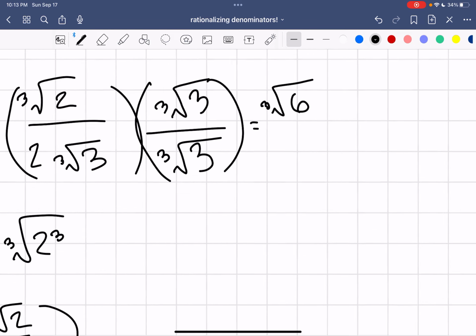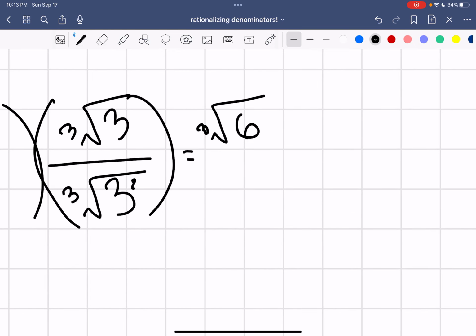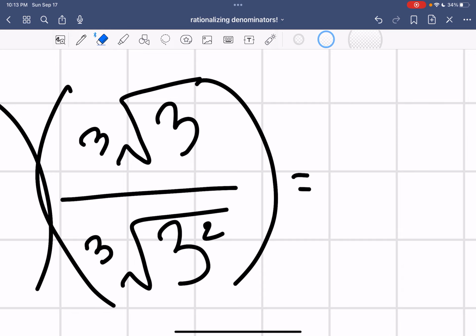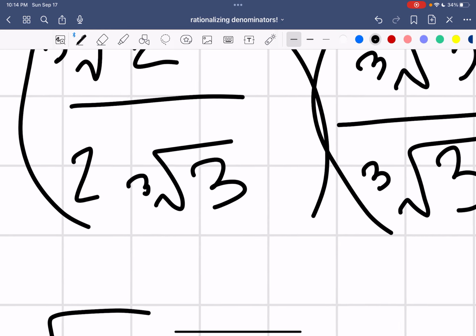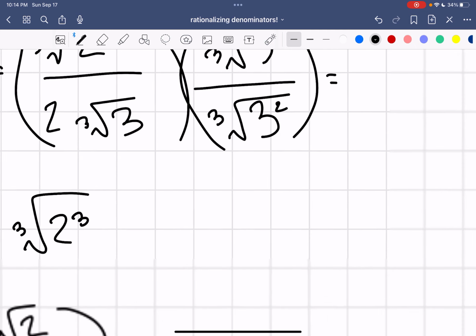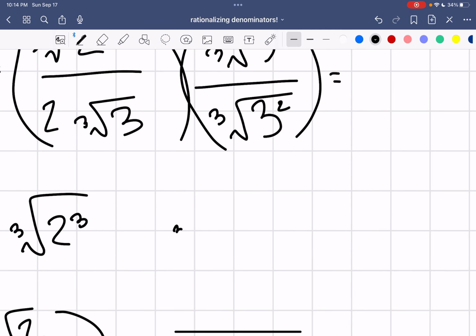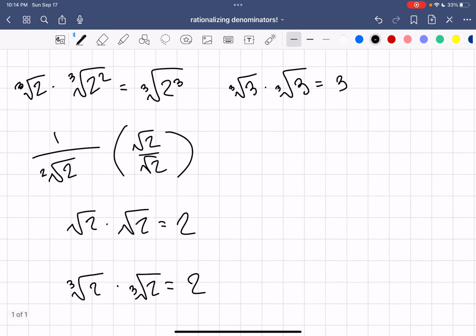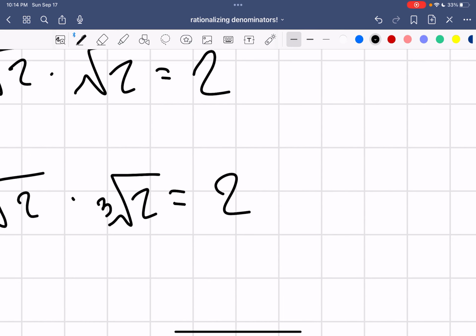Anyway, you would actually have to multiply by squared, because right here, this is only 1. So the third root of 3 times the third root of 3 does not equal 3. Whatever I wrote down here was not correct. Oopsies. Hello? Okay, there we go.